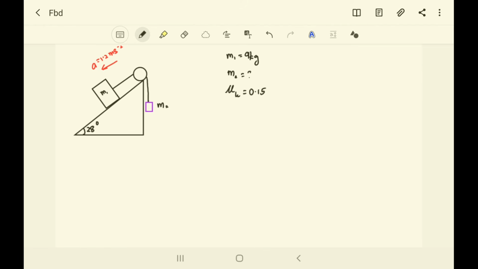Alright, so we have two free body diagrams here because we have two objects. So let's sketch the free body diagram. Red color here. Saya suka letak direction of acceleration here, in order to guide me to write the correct equation of each mass.